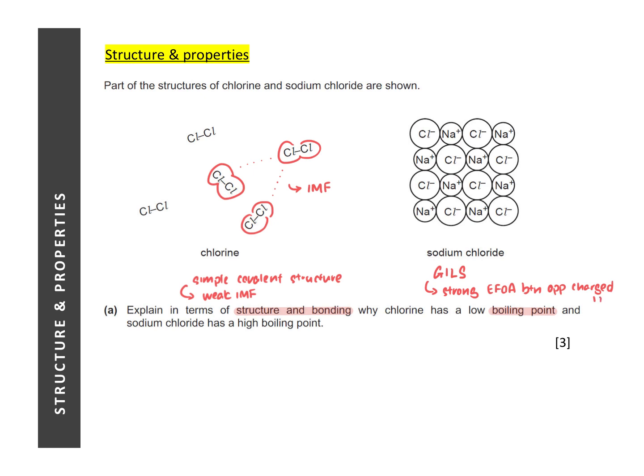So in this case, between your sodium and chloride ions, there is strong electrostatic forces of attraction. So therefore, for simple covalent molecules, very little energy is required to overcome the weak intermolecular forces, whereas for sodium chloride, which has a giant ionic lattice structure, you need a lot of energy to overcome the strong electrostatic forces of attraction between the ions.